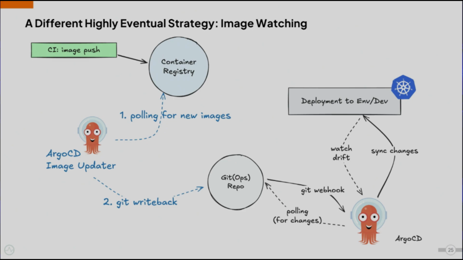The reason this is eventually consistent is there's no guarantee, right? Just because you pushed an image out into a container registry, there's absolutely no guarantee that the deployment will start in the next minute. There's a chance that the container registry or the provider behind it might have rate limited this polling function, so you might be looking at a delay of a couple of minutes.